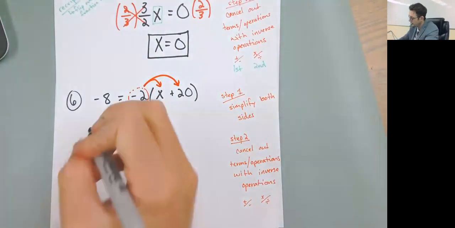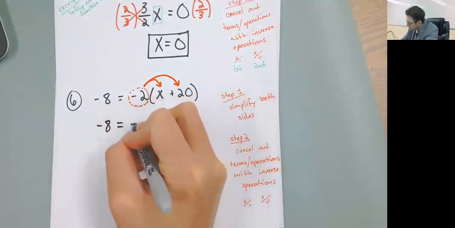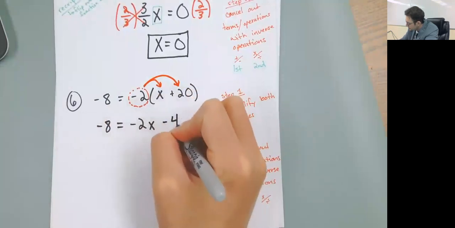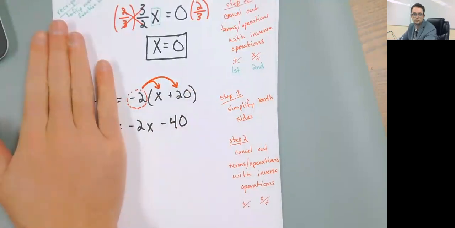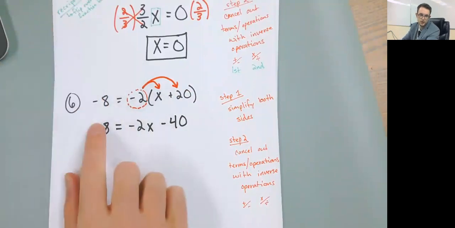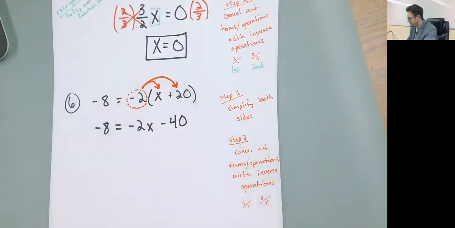So I have -8 equals -2 times x is -2x. -2 times 20 is -40. All right. That looks pretty good to me. I can't combine those terms. They're not like terms. That side's good, right? It's just -8.